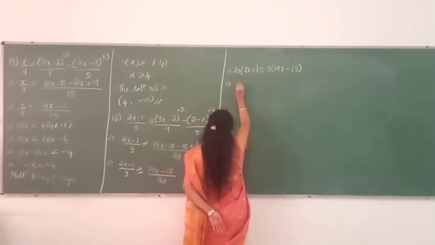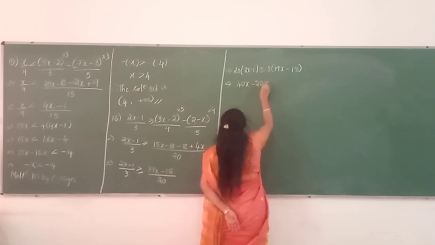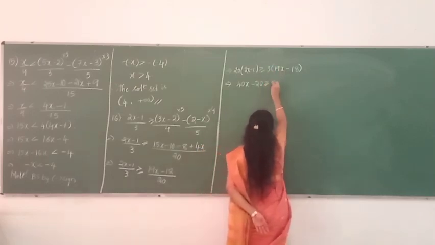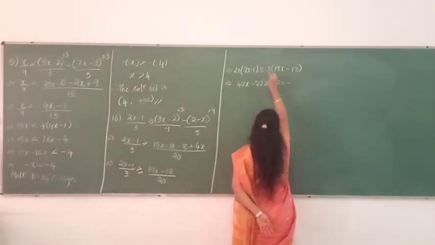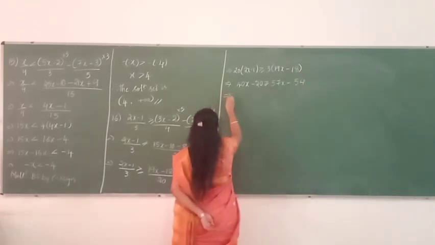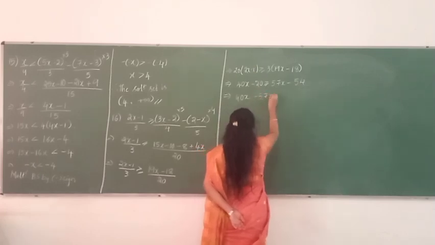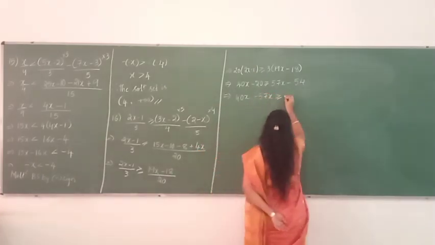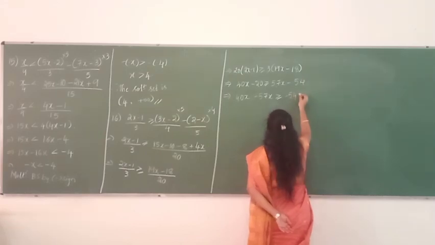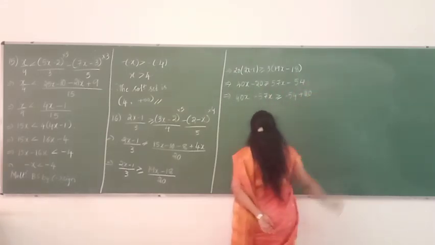So it will be 20 into 2 is nothing but 40x minus 20 is greater than or equal to 3 19s are 57x minus 3 18s are 54. Now just take variables one side. It will be 40x minus 57x is greater than or equal to minus 54 minus 20, take it to RHS, will become plus 20.